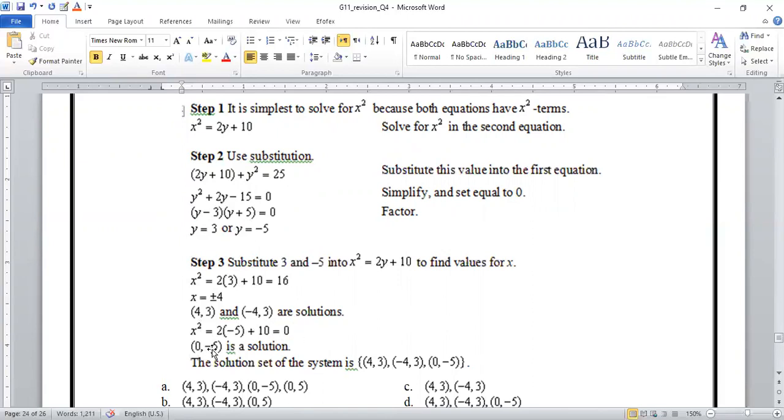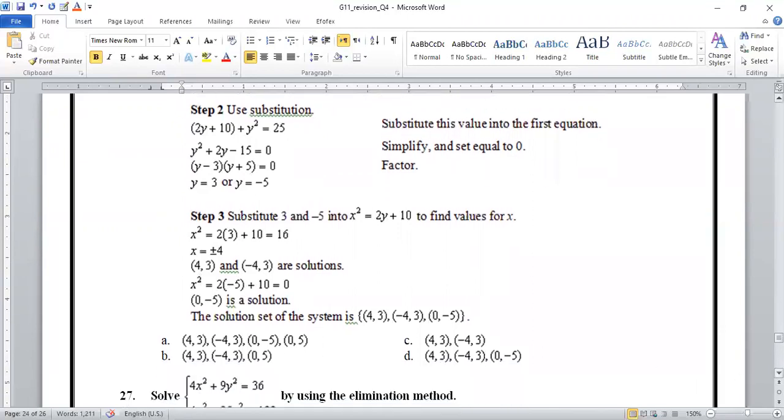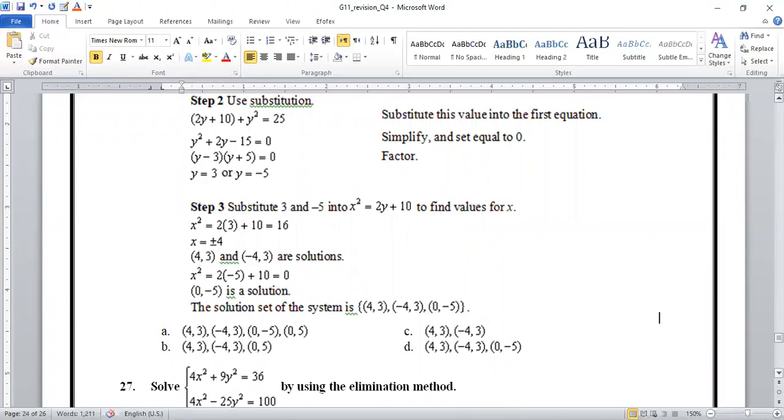So the third solution is (0, -5). The solution set is (4, 3), (-4, 3), and (0, -5). The solution is number D.